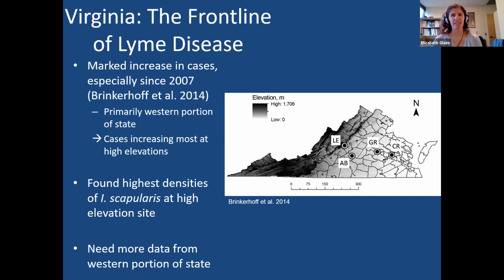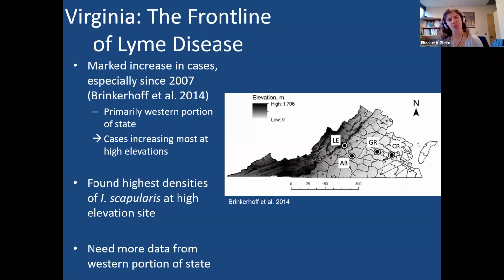When they did this work, these are the sites that they had. They had four sites located across the state. And what they ultimately found was that there were higher densities of Ixodes scapularis at this high elevation site labeled LE, and that there was also a higher prevalence of Borrelia burgdorferi in those ticks.